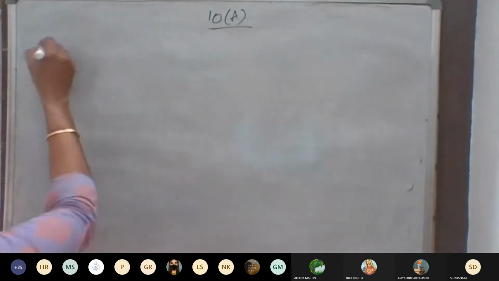Then the 6th question. In the figure given below, LM is equal to LN, angle PLN is equal to 110 degrees. Calculate angle LMN and angle MLN. So draw that figure, the sixth one.